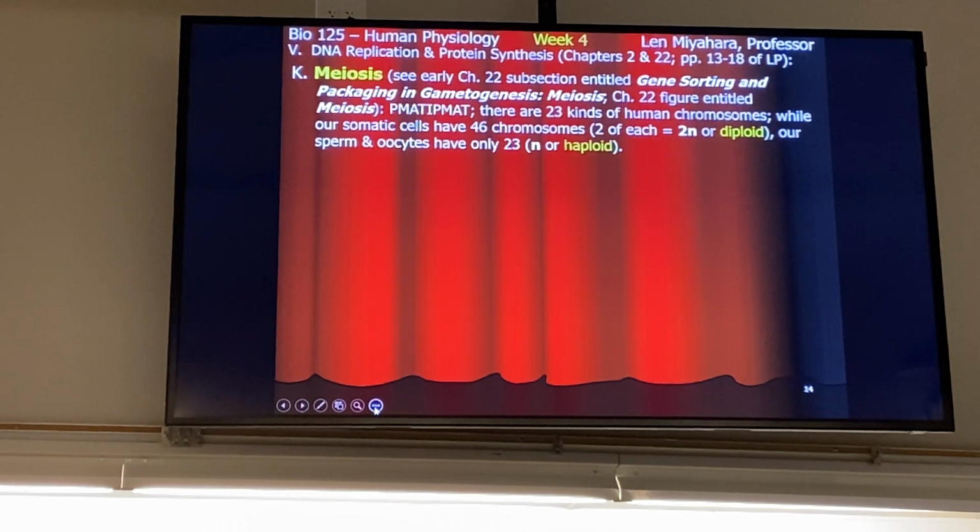And we gotta get our spermies and eggies to be starting out diploid or 2N so that they only have 23, N or haploid. In biology, the N is the number of types of chromosomes in our species. Homo sapiens have only 23 types of chromosomes. That's our N. Our regular somatic cells have a set from mommy and a set from daddy.